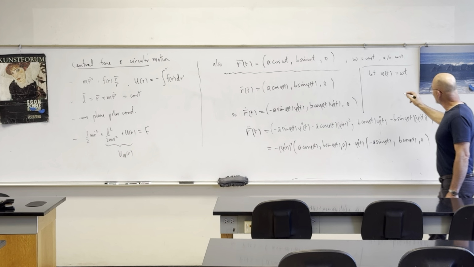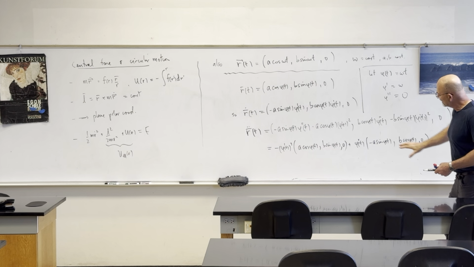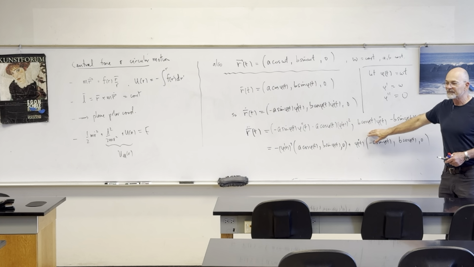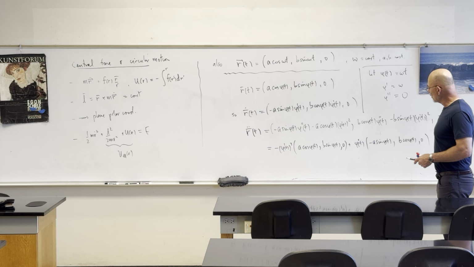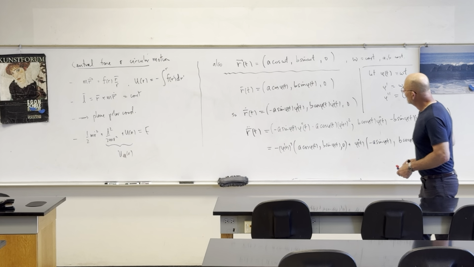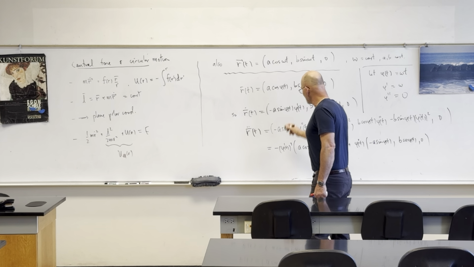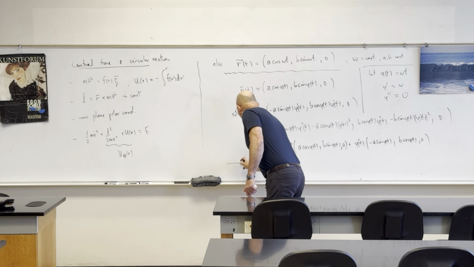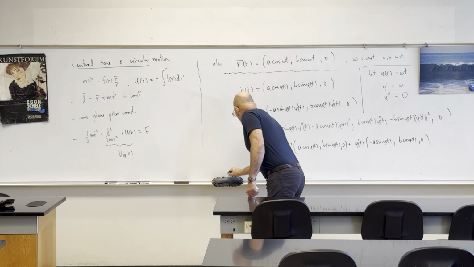Phi prime is equal to omega, phi double prime is equal to 0, so that's killing the second one here. One of these is a tangential vector, one of them is a radial vector. So what I've done here is just a more general version of what we had on the homework.